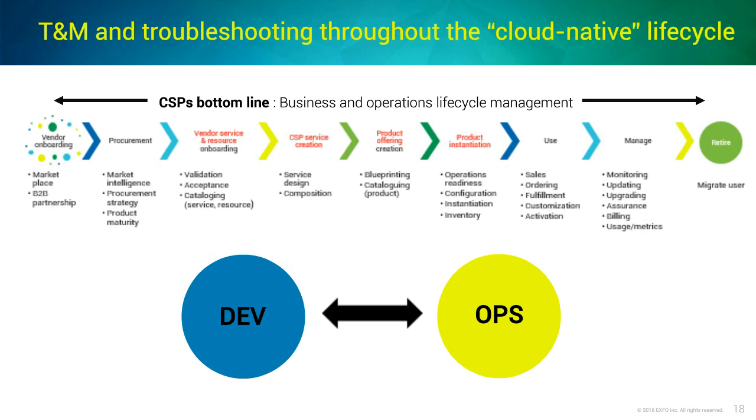And there is a fundamental difference between the way we were doing things in the past and the way it will be done in the future, or it's already been done in any cloud-native architecture, which is the fact that this is not a waterfall design, where you design the service and you validate it to the maximum extent as building blocks, and then you deploy these building blocks in a physical network and you use it.